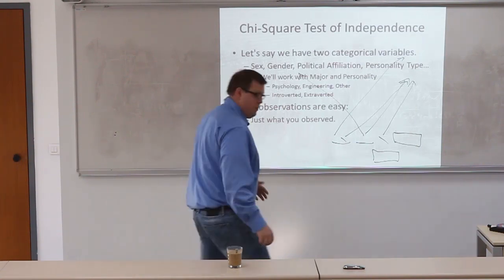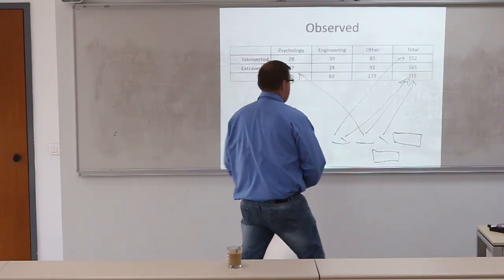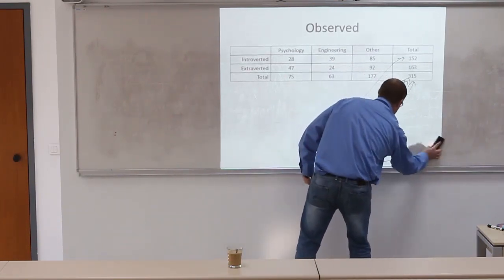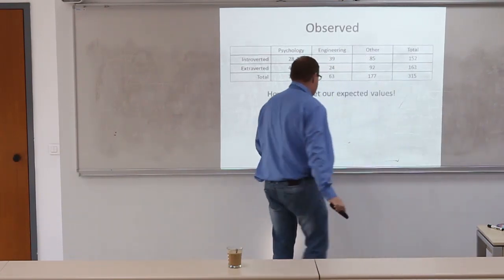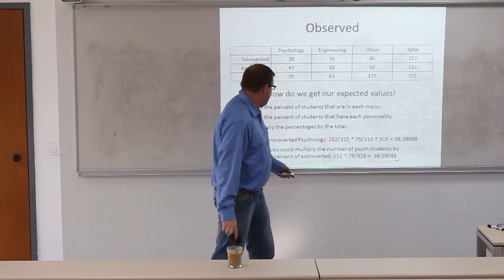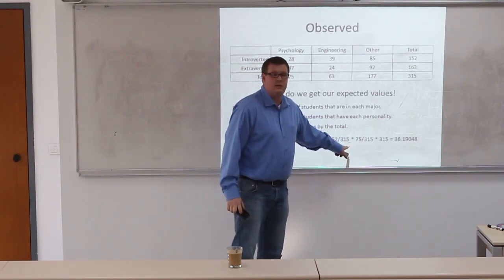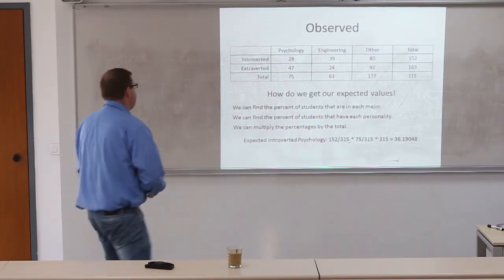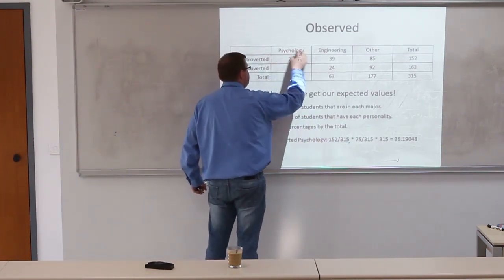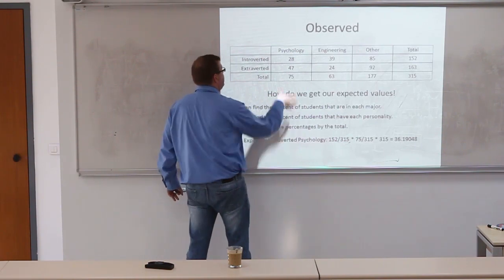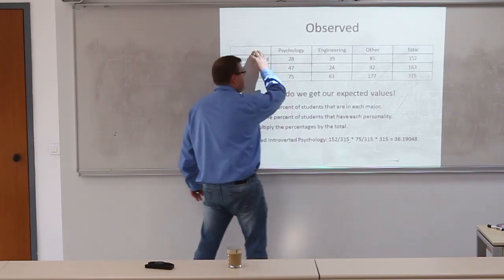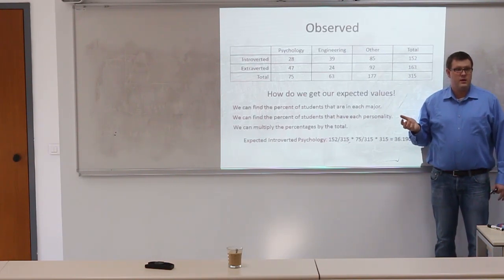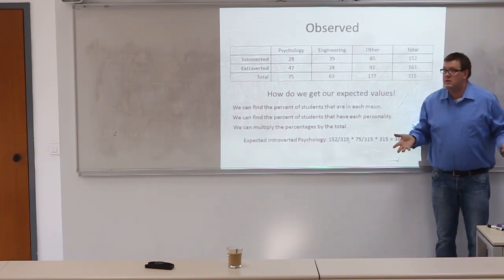So what we were doing here, if you think about these probabilities, if you want the probability of this, all you need to do is multiply the probability of psychology by the probability of introverted, if they're independent.